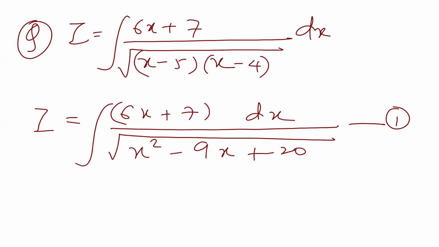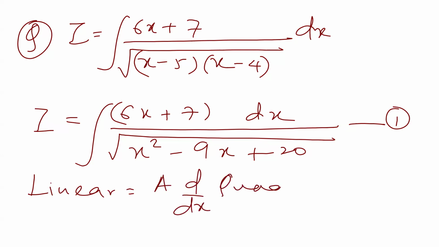So same way we'll proceed. Numerator, or let's say linear, is equal to a d by dx of quadratic plus b.